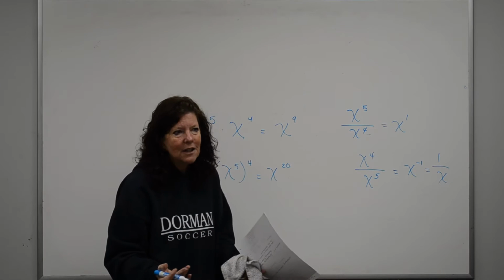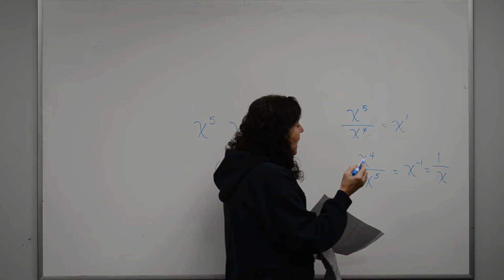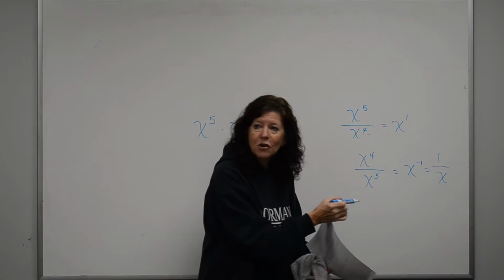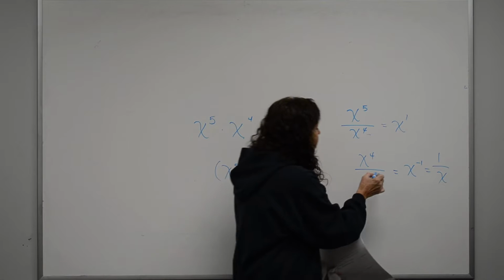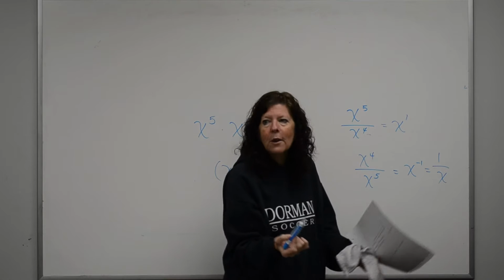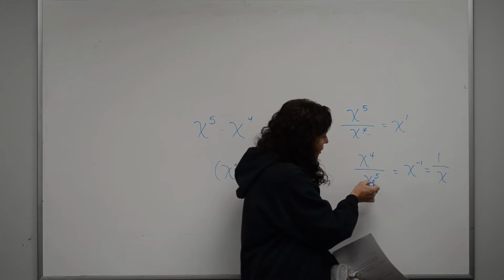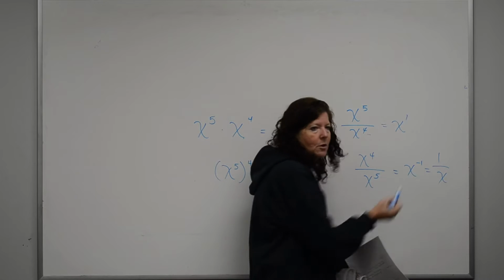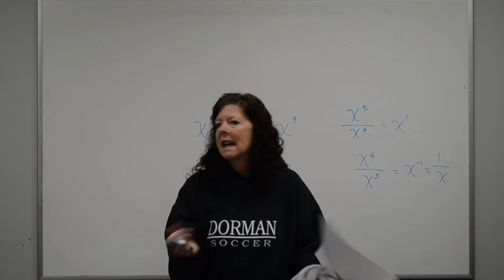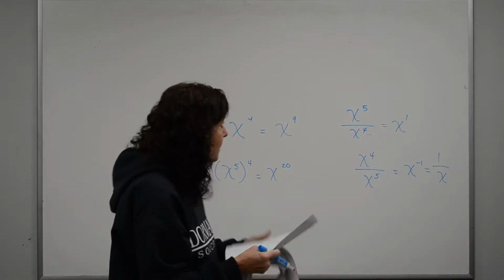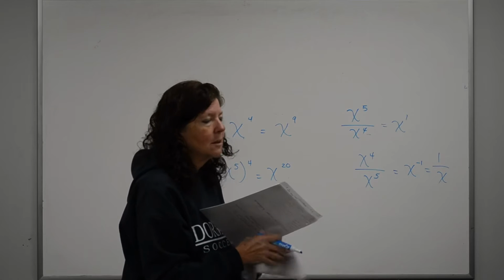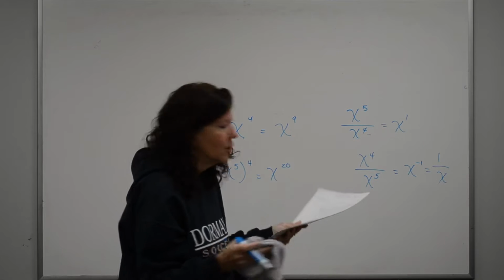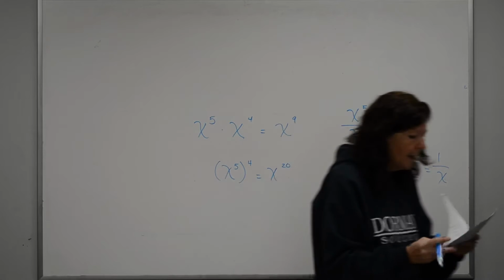The other way is to subtract the smaller number from the larger number and place it where the larger number is. So 5 minus 4 is 1, so I have an x left over. The larger exponent is on the bottom, so I place it on the bottom. You can look at it either way.